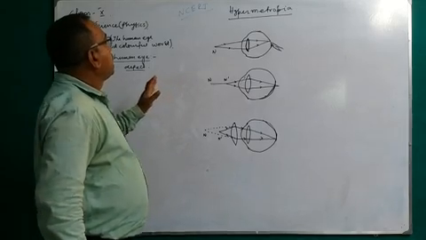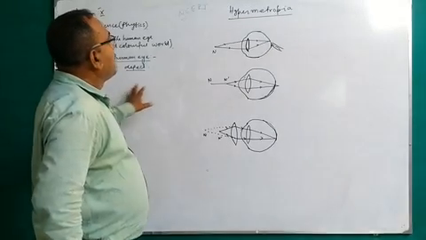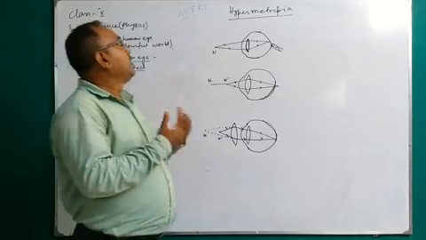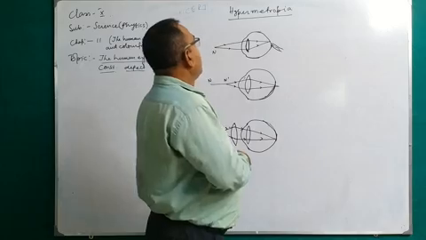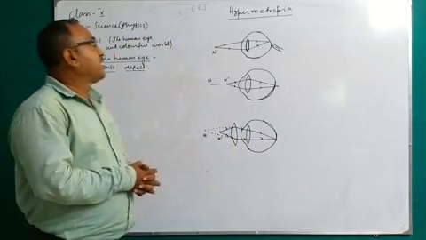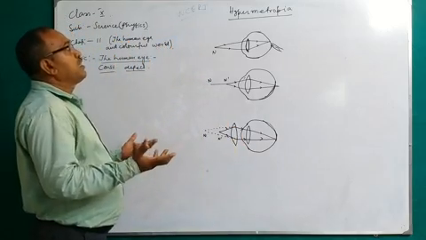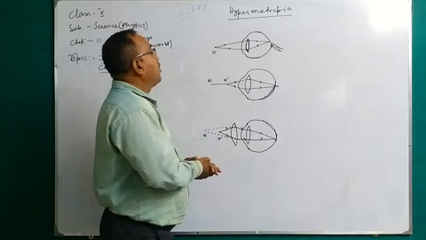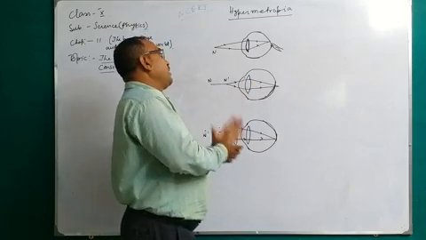You already know the myopic eye, the defect of the myopic eye, and how we can correct it with the help of the concave lens. And why do we use the concave lens? You know it, because the image will form in front of the retina.